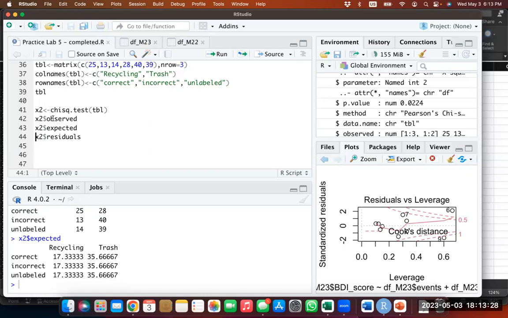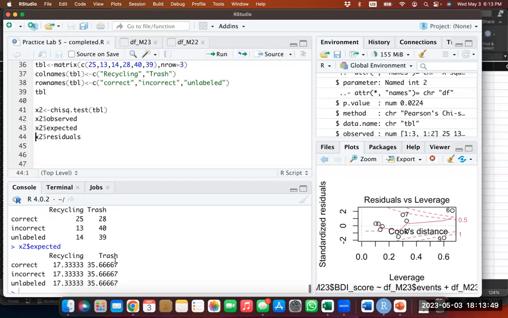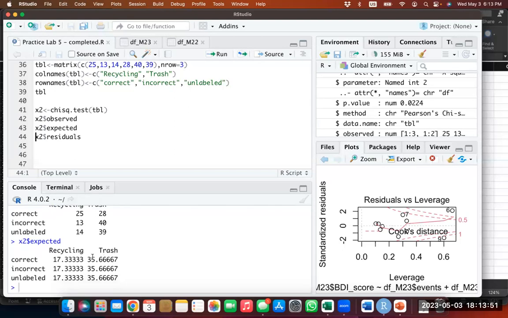We have 3 groups. We have 25, 13, and 14. That's 38. Plus 14 is 52. The 52 divided by 3 gives us 17.33. We have here in the trash category 28 and 40, that's 68, plus 39 is 107. 107 divided by 3 is 35.6 periodically.